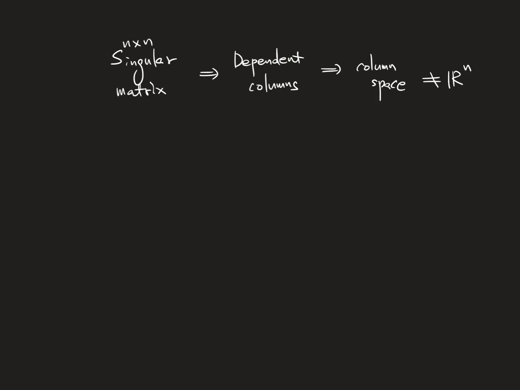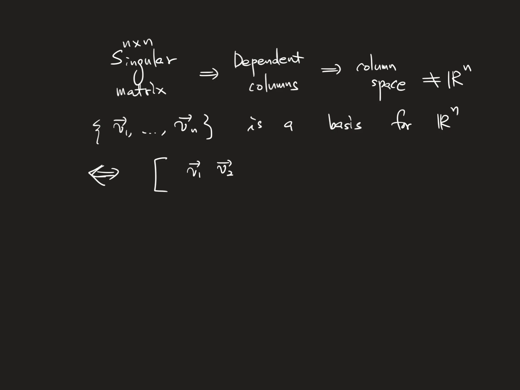So we can say V1, ..., Vn is a basis for Rn is equivalent to the statement that the matrix with columns V1, V2, ..., Vn is invertible. There are some properties. I'm not going to prove that.